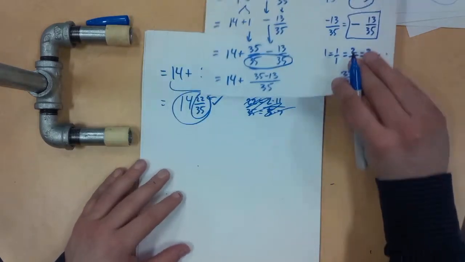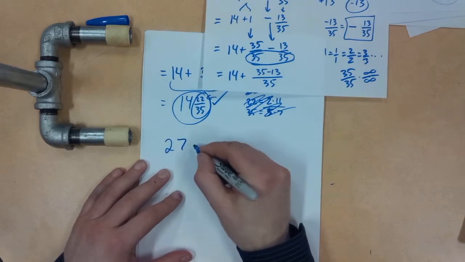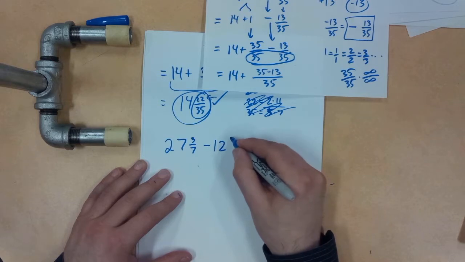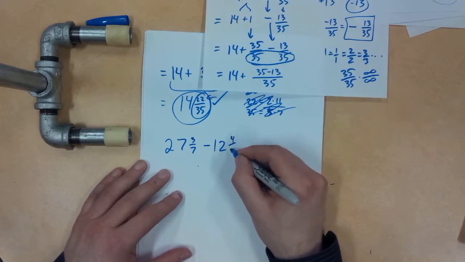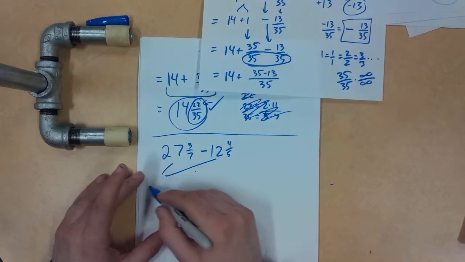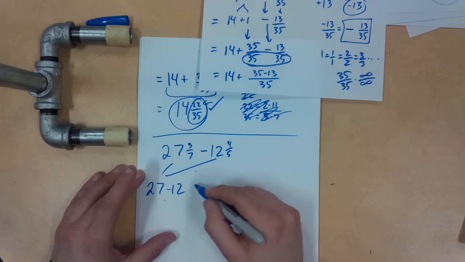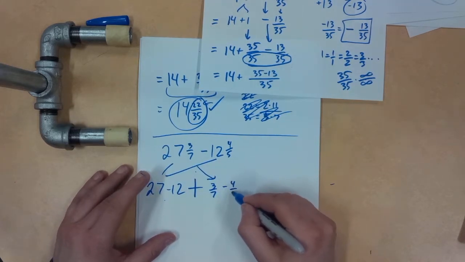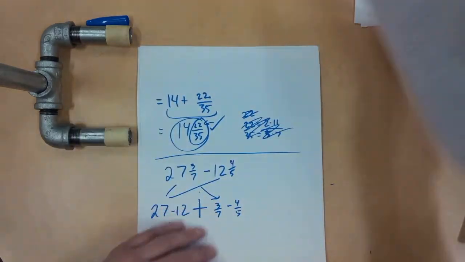Oh, well, in the previous video, I showed you a way to do it laterally. 27 and 3/7 minus 12 and 4, what was that, fifths? Yeah, so we started it laterally and we just moved our numbers out here. 27 minus 12, and then 3/7 minus 4/5. Might as well just finish this up here.